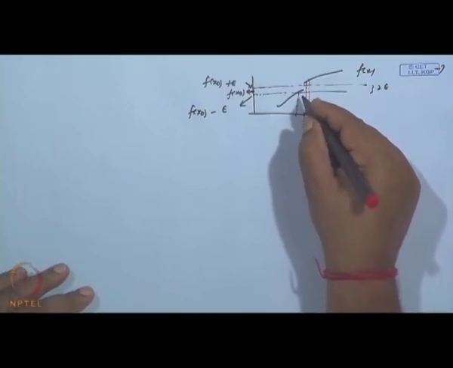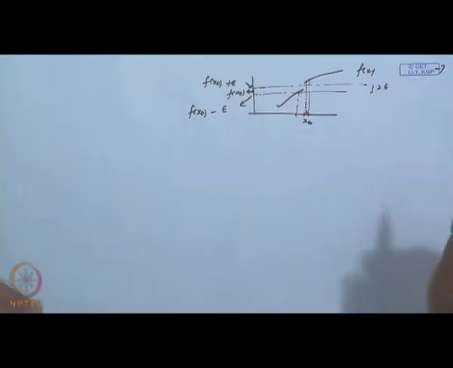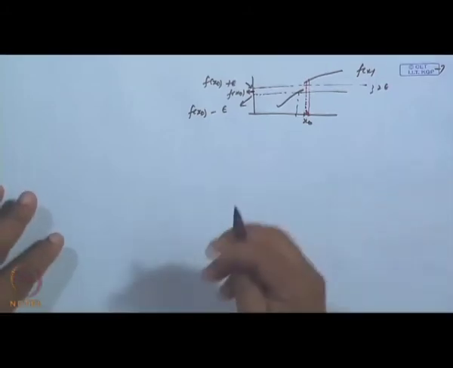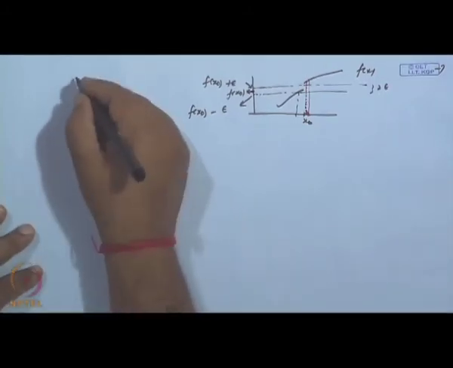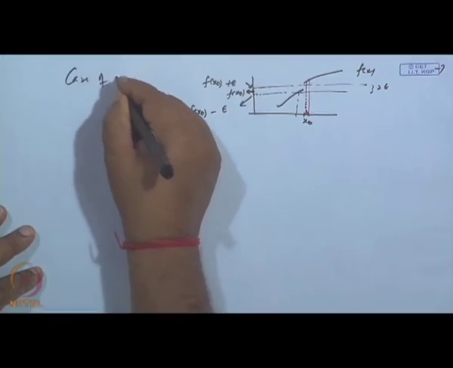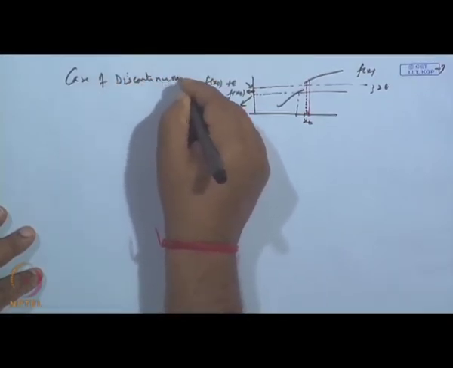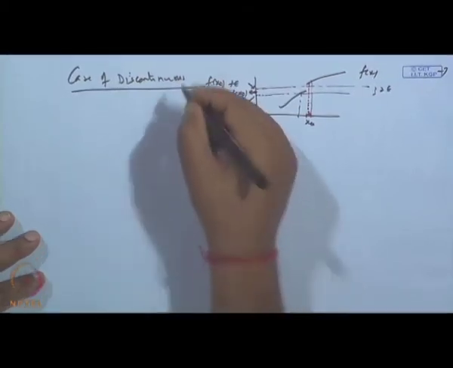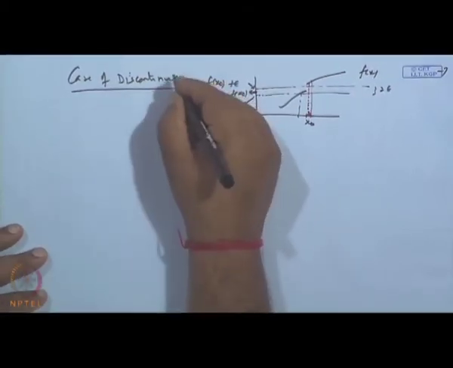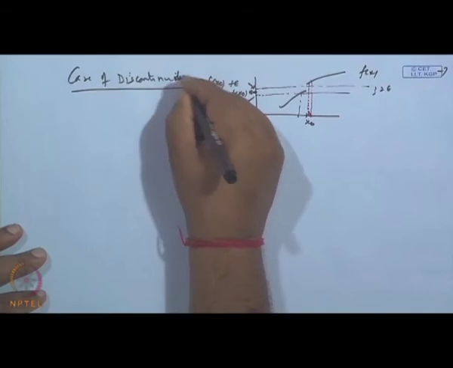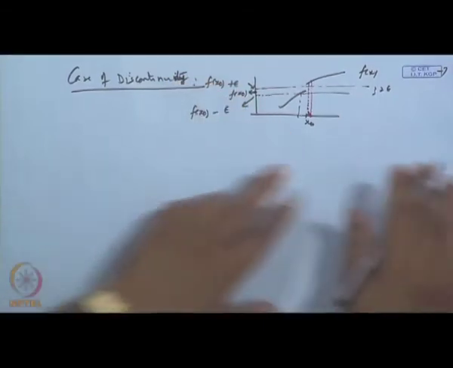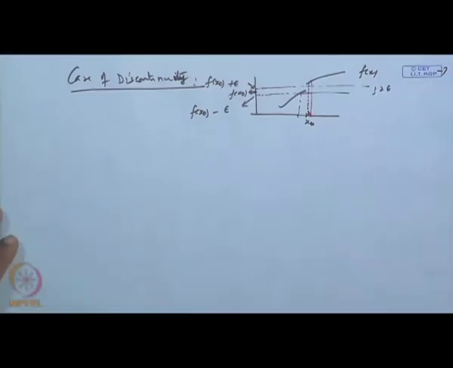So such a function will not be considered a continuous function. That is why we say this is a case of discontinuity, and that is why it is a necessary condition.